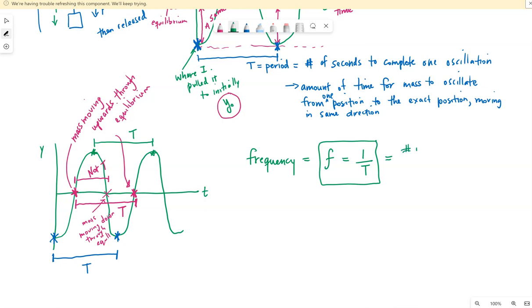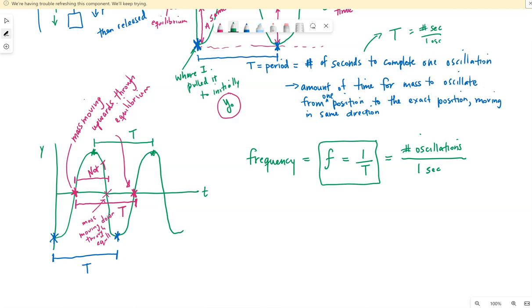It's the number of oscillations, how many times it oscillates in 1 second, which can be a fraction. It doesn't have to be a whole number. So number of oscillations per second, you can think of period as the number of seconds for one oscillation. And so that's how we get frequency and period being inverses of each other.